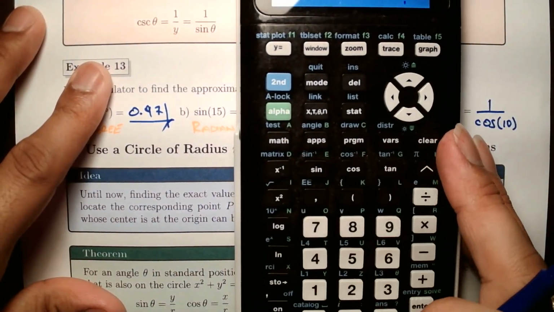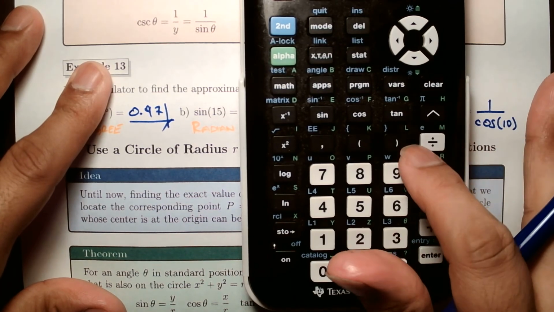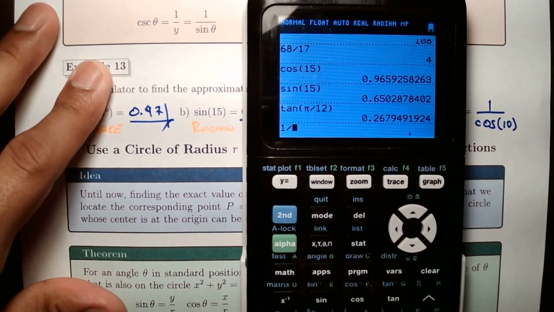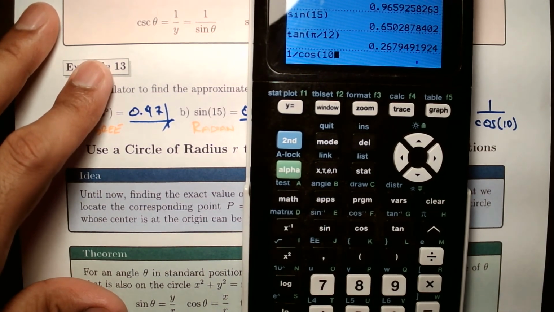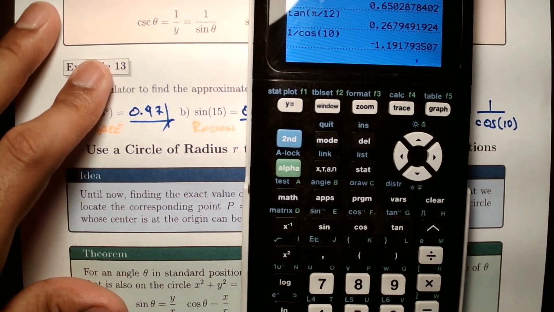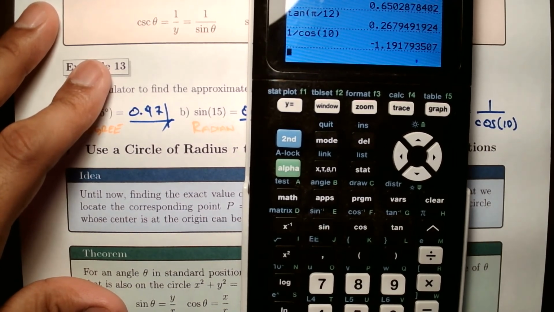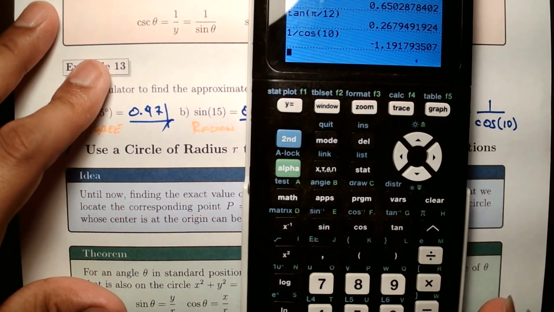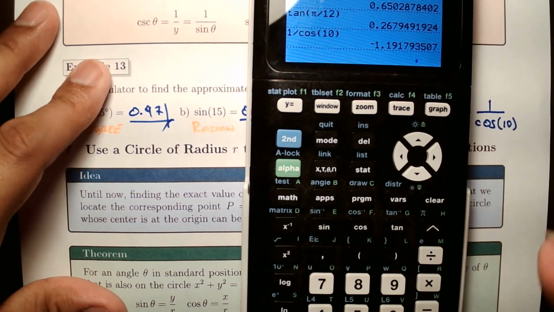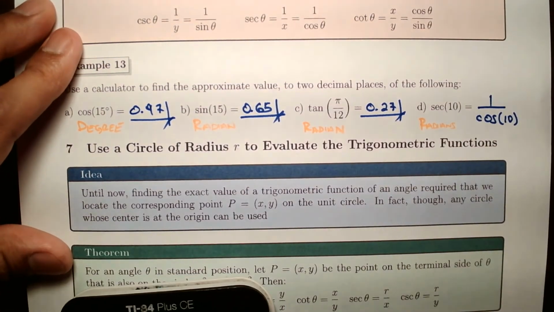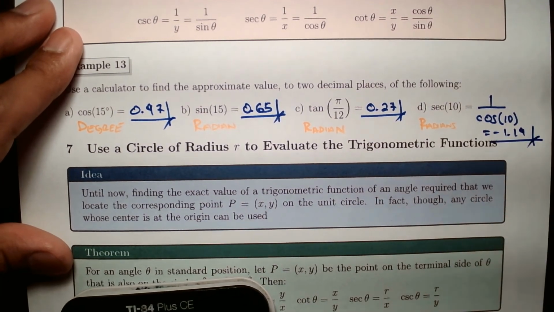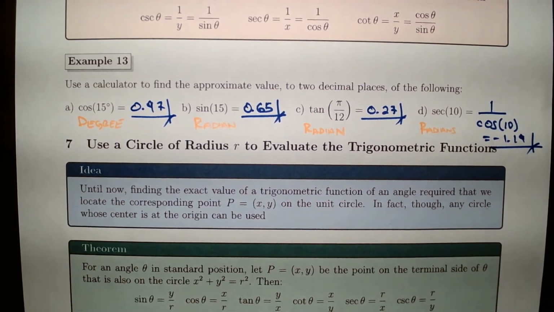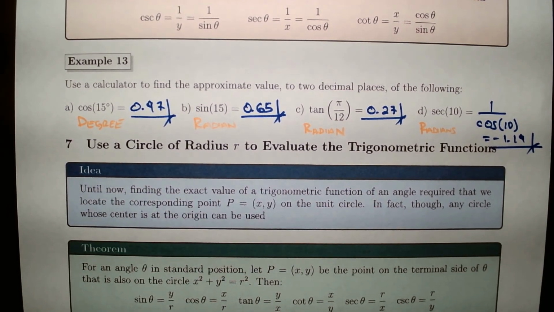So we're going to do 1 divided by cosine of 10. That's negative 1.1917. Rounded to 2 decimal places, that's negative 1.19. All right. Now this pretty much concludes finding the values using a unit circle.